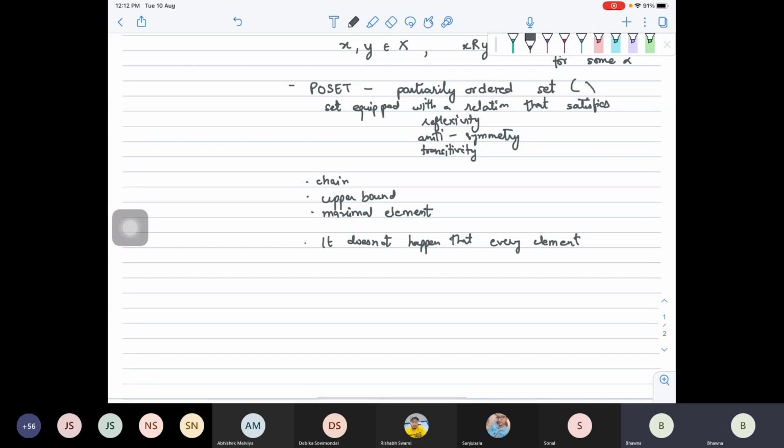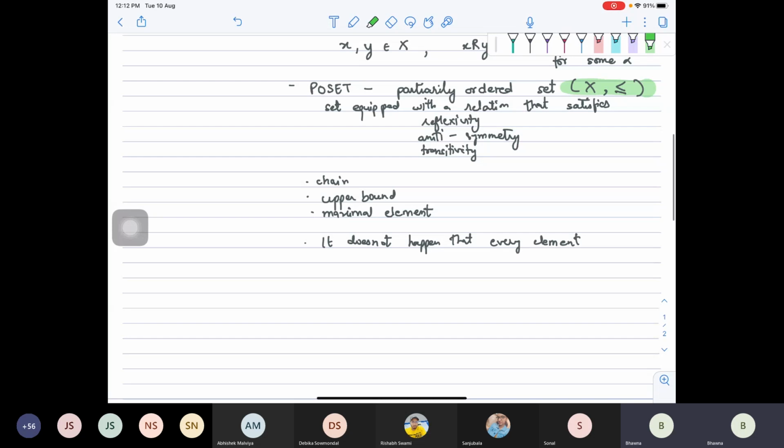We defined the relation by the symbol less than or equal to. If either holds, then we say that x and y are comparable.